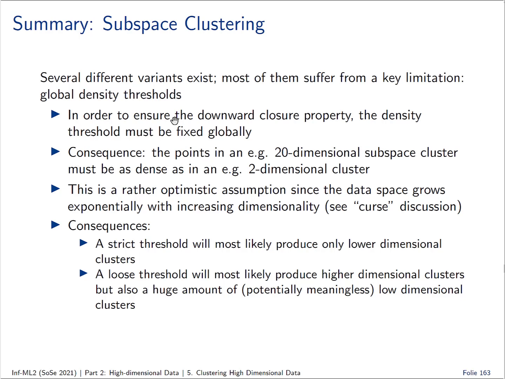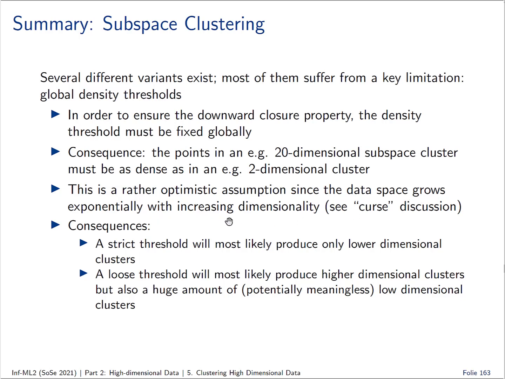And the consequence of this fixed density threshold is that points in, for example, a 20-dimensional subspace need to be as dense as in a two-dimensional subspace, which, if we reconsider the curse of dimensionality, doesn't make too much sense. So that is a rather optimistic assumption, because the data space, of course, grows exponentially with increasing dimensionality.